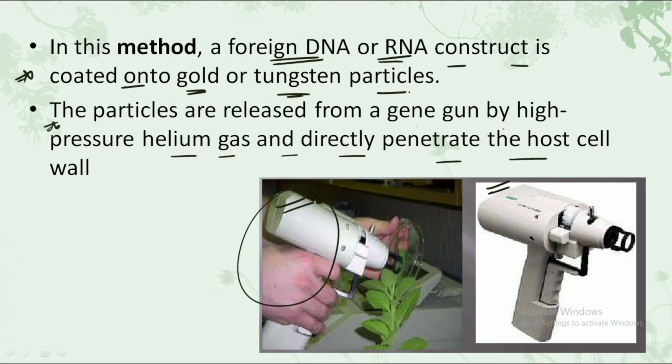We are using this gene gun as our equipment, first coating the DNA onto the gold or the tungsten particles, and then using the gene gun to release these particles under very high helium gas pressure, directly penetrating into the host cells. So this was about the biolistics or the gene gun.